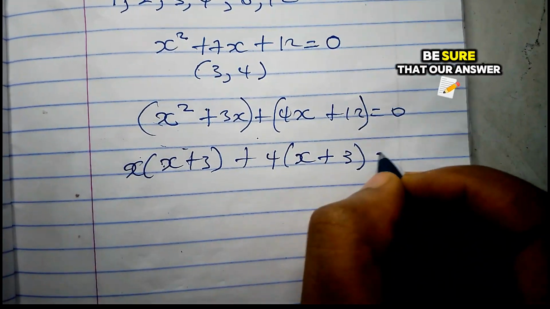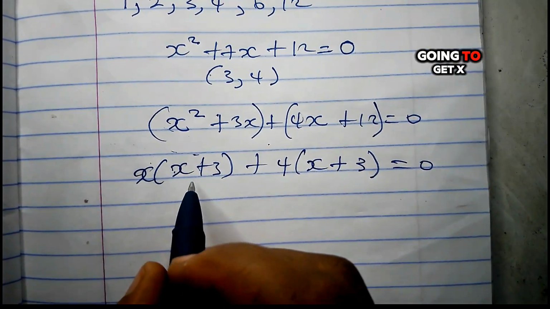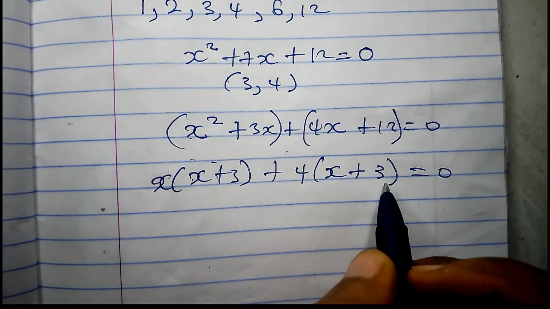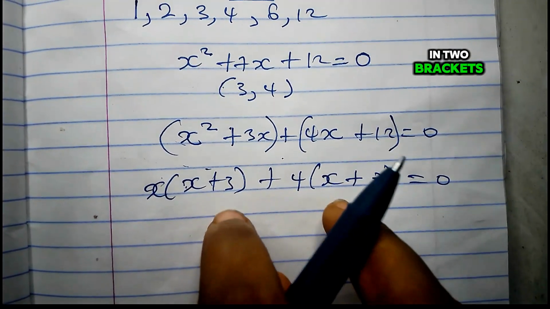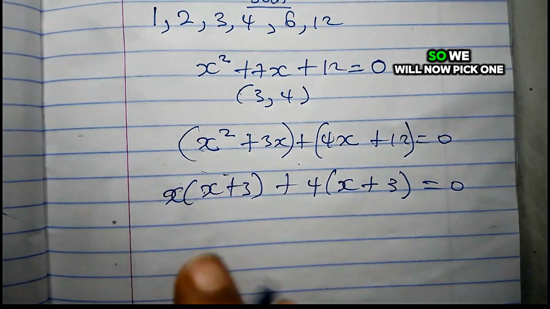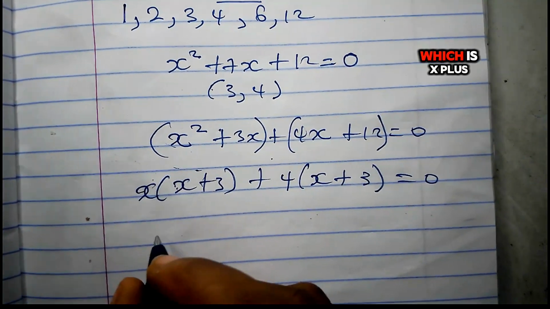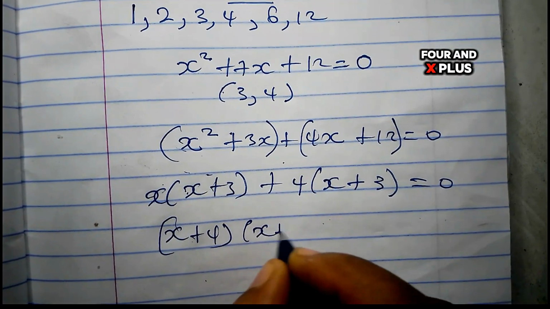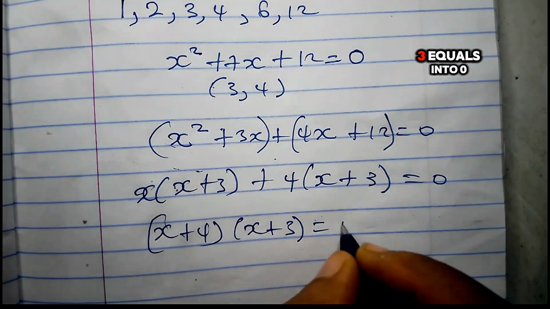To be sure our answer is correct, we get x plus 3 in both brackets. So we pick one, which is x plus 4, and x plus 3 equals 0.